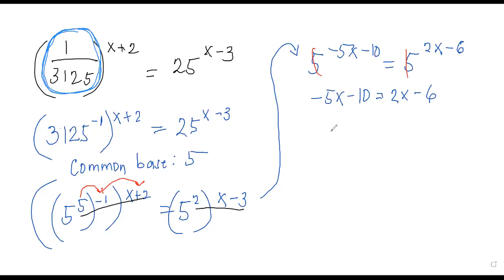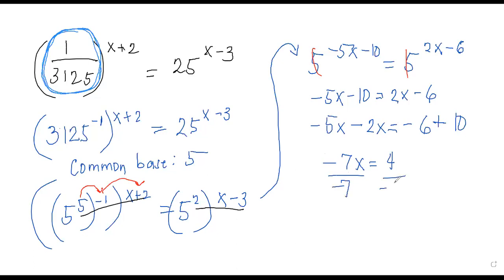So we have negative 5x minus 2x equals negative 6 plus 10. Tama? So we have negative 7x equals 4. Divide both sides by negative 7. So x is equal to negative 4 over 7. O si negative sign, class, pwedeng sa taas, pwedeng sa gitna, pwedeng sa baba. Walang kaso. Okay?